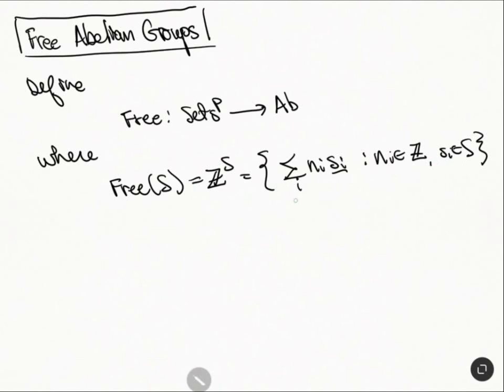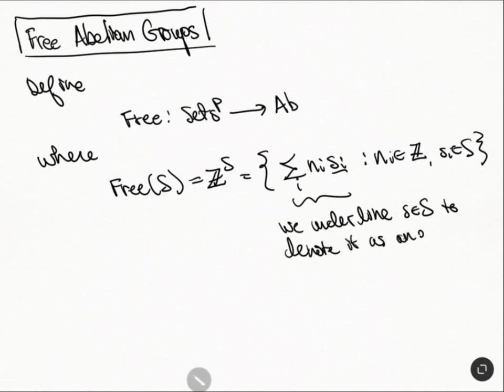Note that here we underline an element S of S to denote it as an element of the free group. Now we need to define how it behaves on maps.